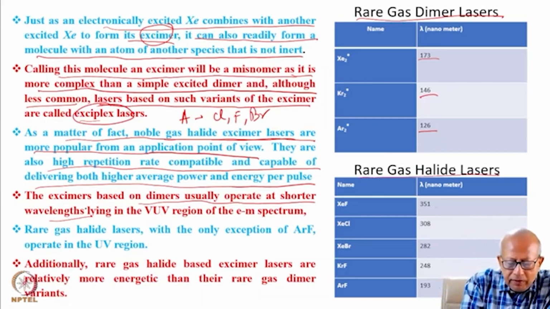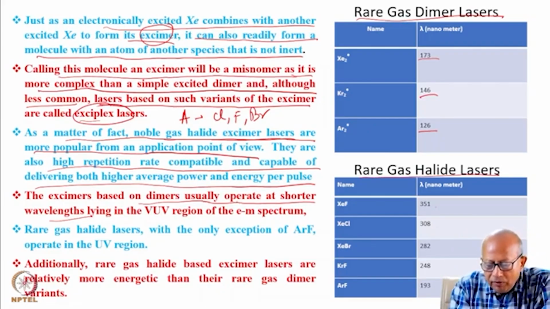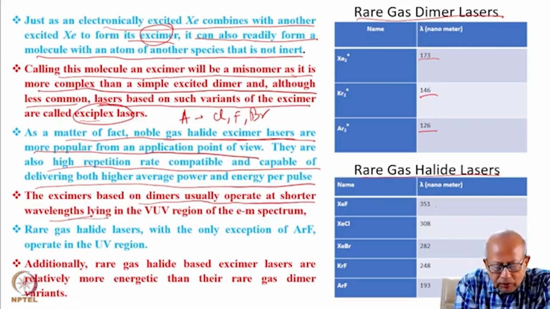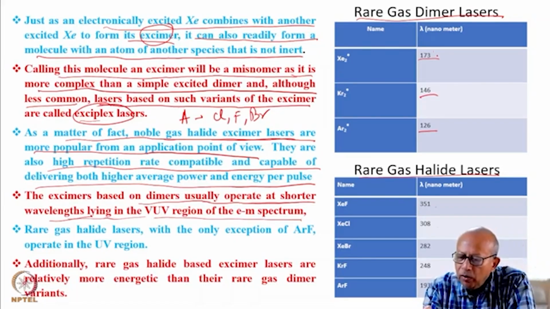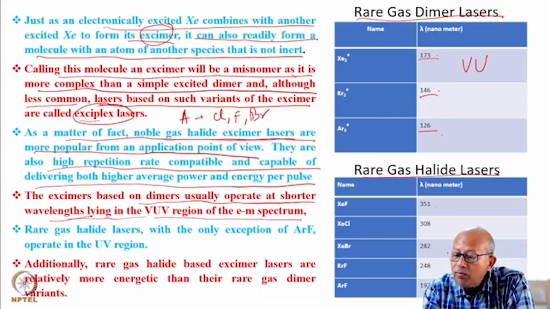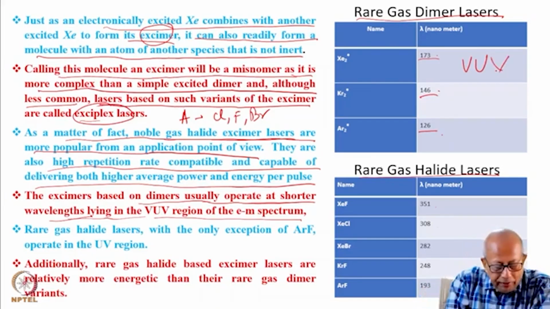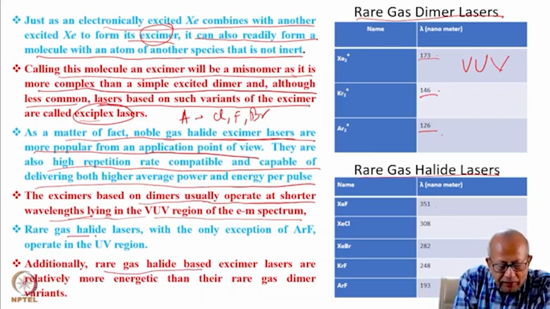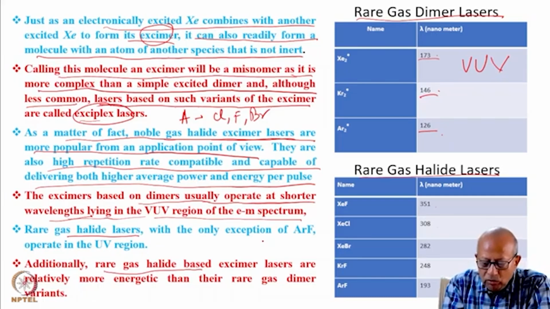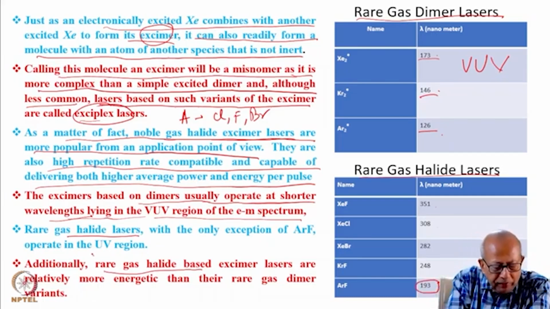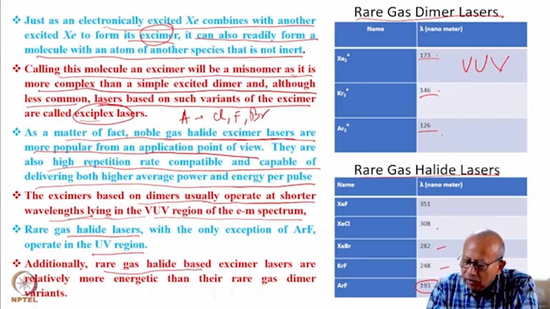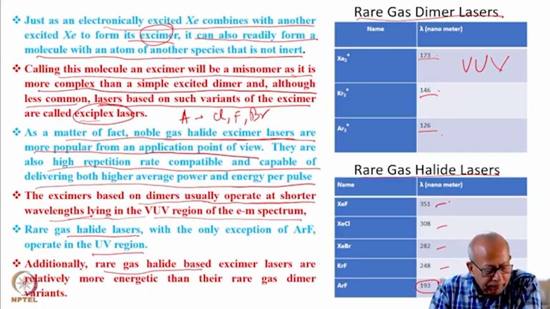As can be seen, the excimers based on dimers usually operate at shorter wavelengths, lying in the VUV region of the electromagnetic spectrum. All the wavelengths are less than 200 nanometers. They lie in the VUV region. And rare gas halide lasers, on the other hand, with the only exception of the argon fluoride laser, operate in the UV region because their wavelengths are all above 200 nanometers.